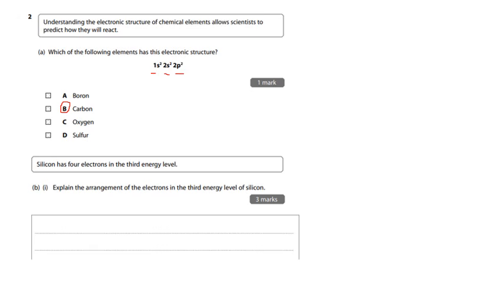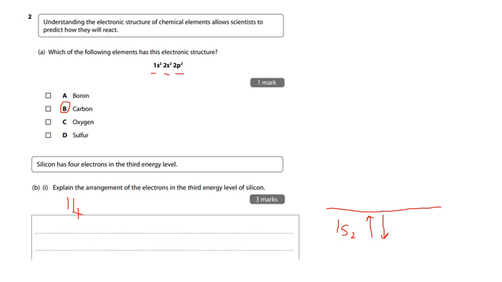So let's figure out what's the electronic structure of silicon, and explain it. Silicon, look on the periodic table, has 14 electrons. So how are they going to be arranged? In the first shell, we have 1s2, and that's just one orbital, which is there and there. And then that's the first shell.